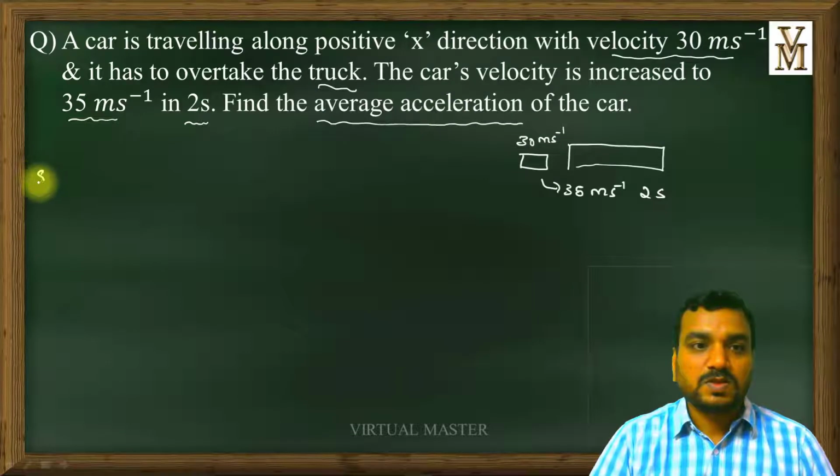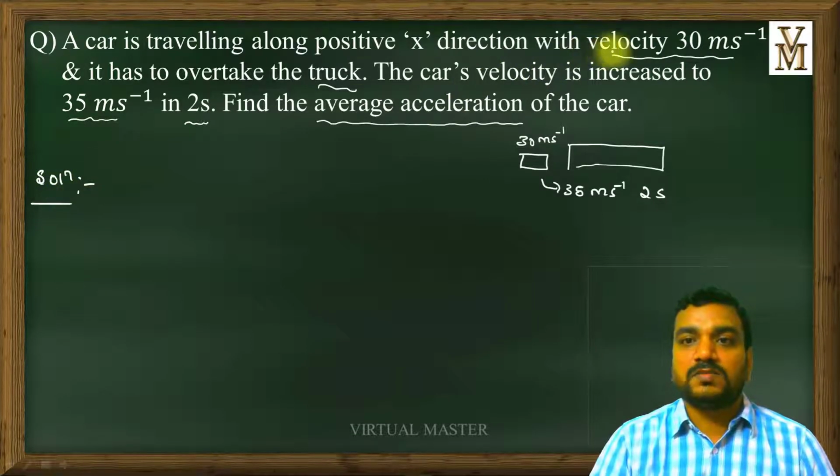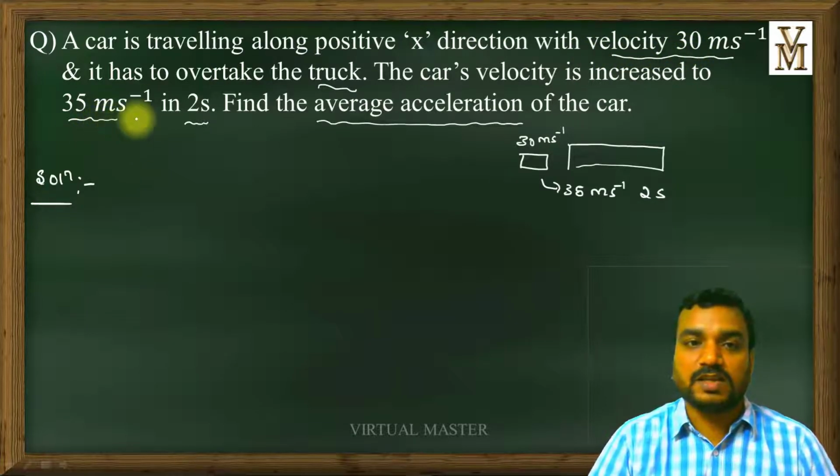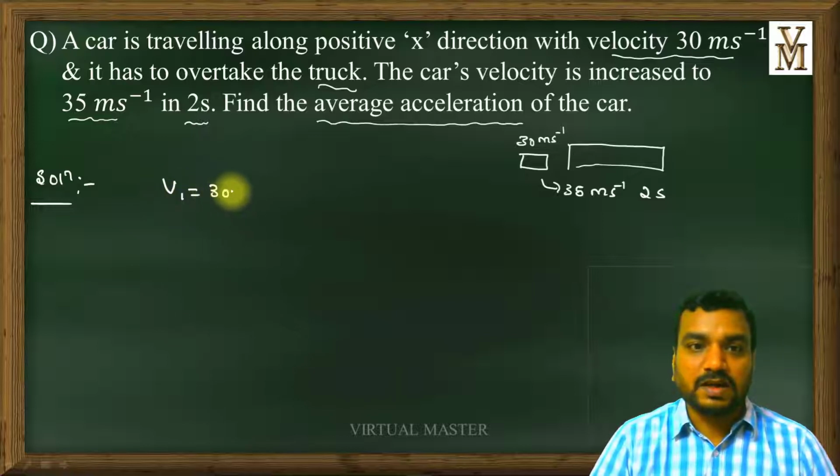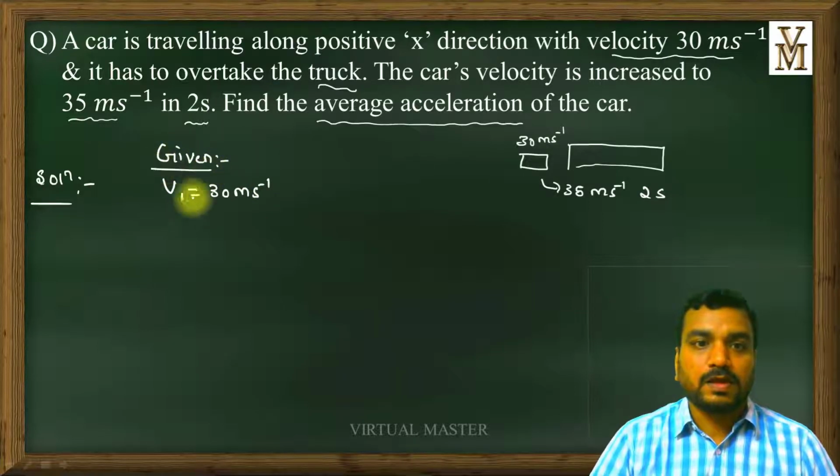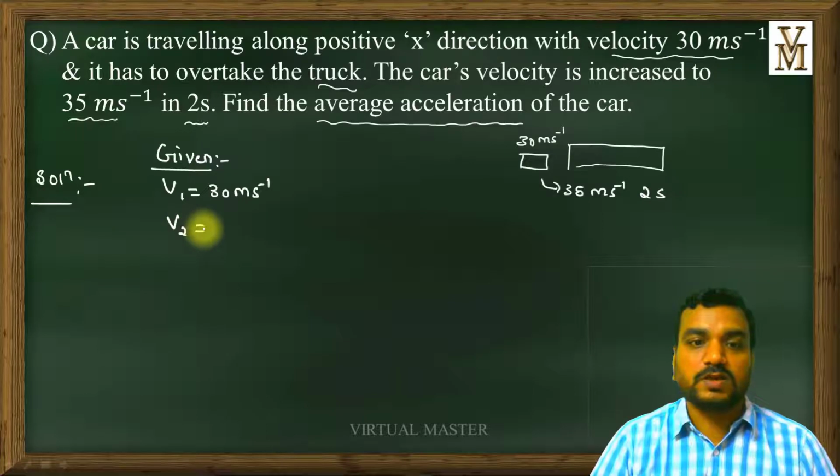Okay, solution for this. What are the things given? First, the initial velocity of the car is given, that is v1, how much is it? 30 meter per second, and the second velocity of the car is also given, how much is it? 35 meter per second.